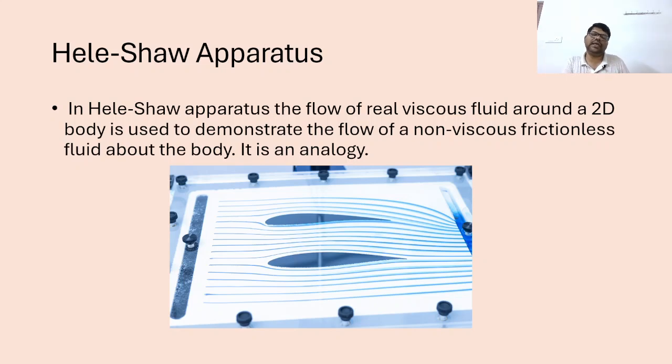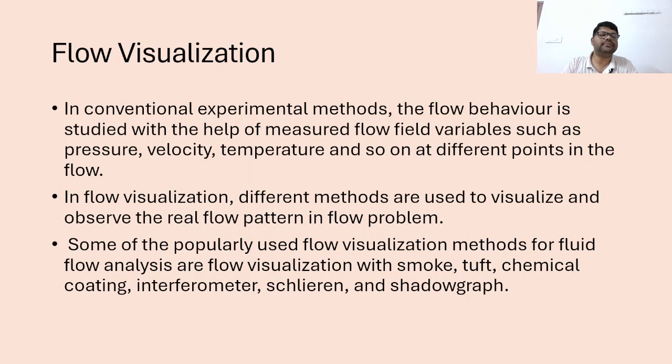Here the original is non-viscous, but the experiment is carried out with viscous fluid. Whatever flow behavior I get from the viscous fluid flow can be used to demonstrate the flow of non-viscous fluid over the same aerofoil because the governing equations for these two cases are of the same type. So this is an example of an analog method.